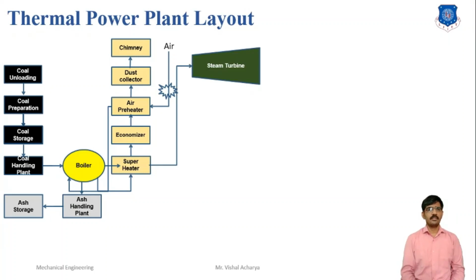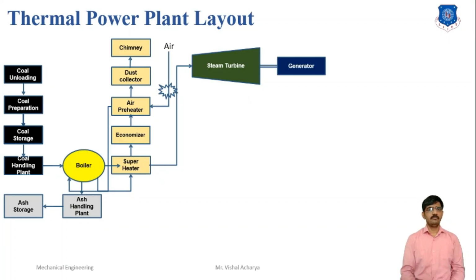A steam turbine is a device which converts the flow energy and heat energy of steam to mechanical energy. The high pressure steam expands in the turbine so that the turbine shaft is rotated and produces mechanical energy.